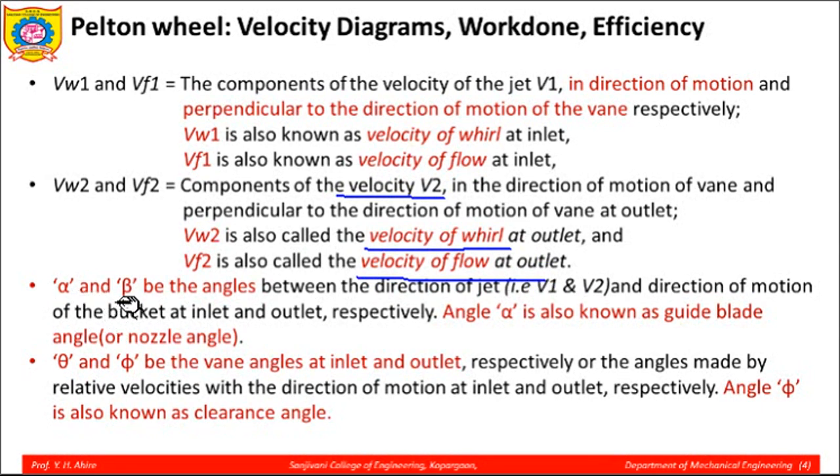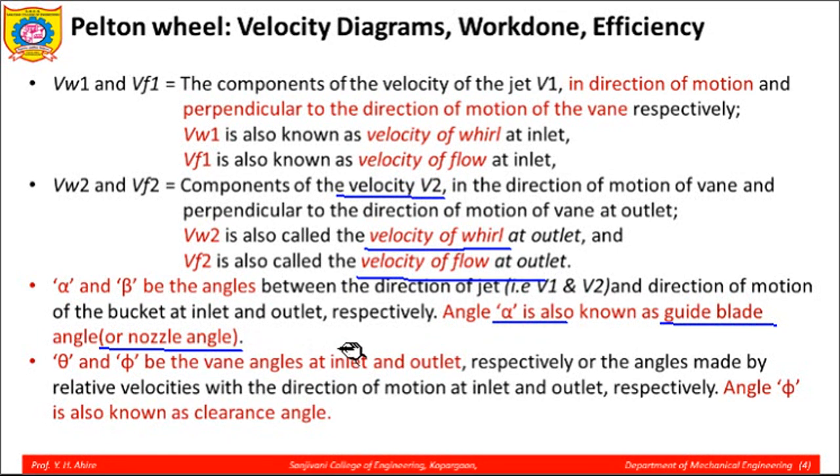Alpha and beta represent the angles between the direction of jet V1 and V2 and the direction of motion of the bucket at the inlet and outlet respectively. So those are angles made by V1 and V2, alpha and beta. Also, alpha is known as guide angle or nozzle angle in case of a Pelton turbine.